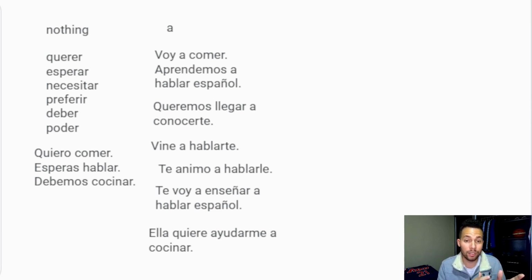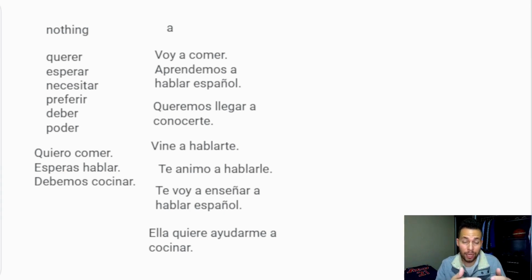And sometimes, for instance, in the first column here, we're not putting anything in between the two grammatical components, but here we're putting the a. In the first column, they are verbs that beg for something to be attached to it.